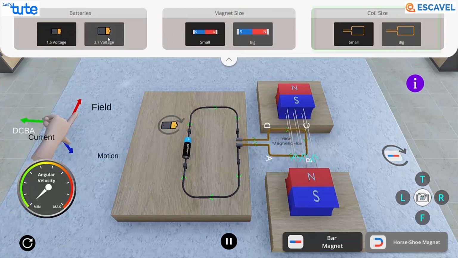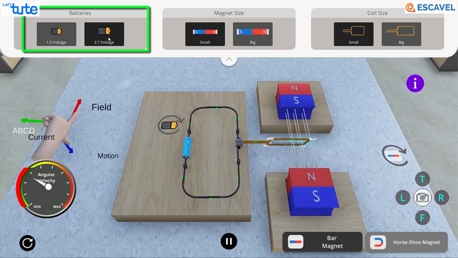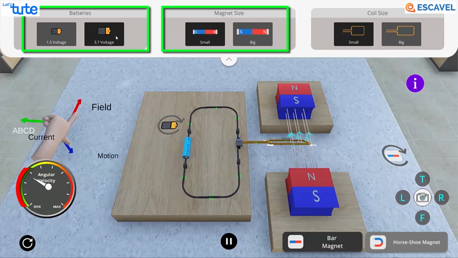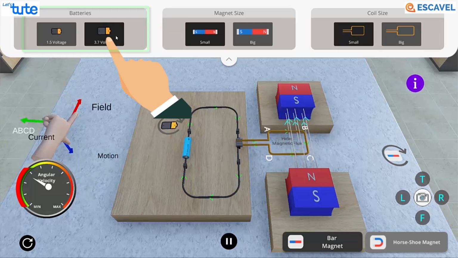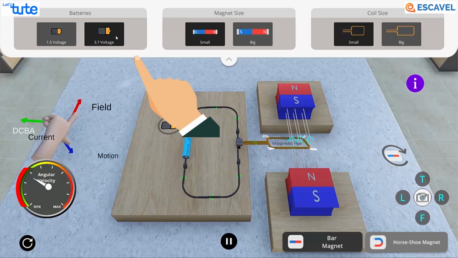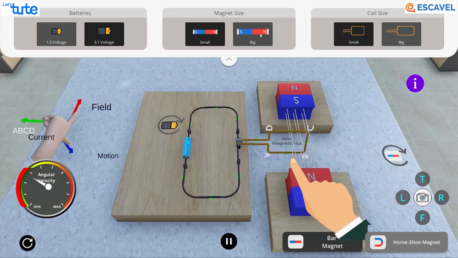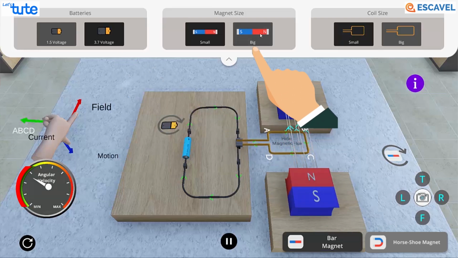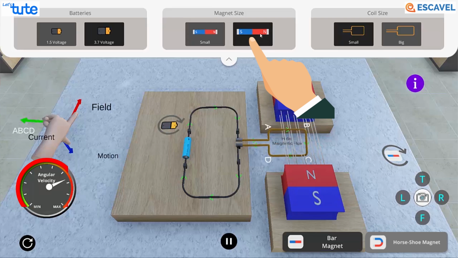The speed of a DC motor is directly proportional to the applied voltage and inversely related to the magnetic field strength. So, if we increase the voltage of the battery, then the number of turns or rotations of the rectangular coil will also increase. And if we increase the strength of the magnetic field, then the number of rotations will also increase.